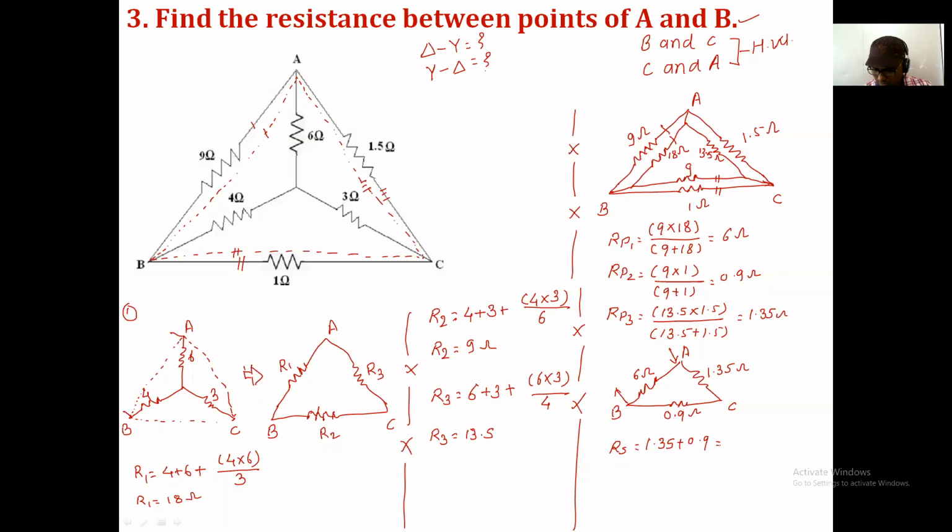Will you please give me these things? I think 2.25, and this RS is in parallel with this 6 ohm. So can I say that here the resistance in between the points A and B, which I write as R_AB, is equal to 6 multiplied by, again the same formula, product of the two resistances divided by the sum of the two resistances, 6 plus 2.25, which is equal to 1.63.